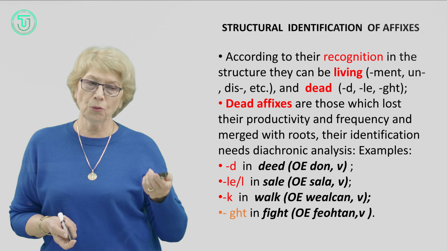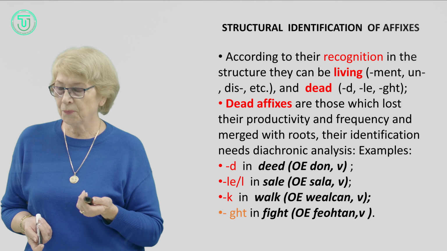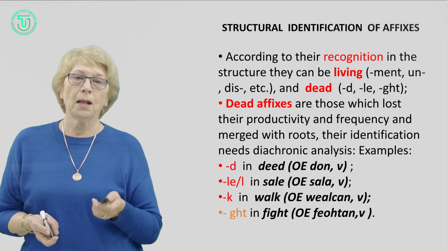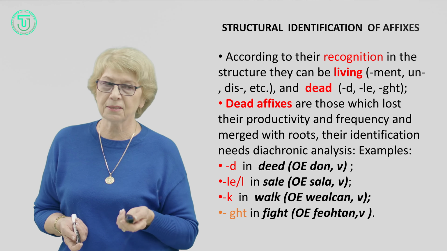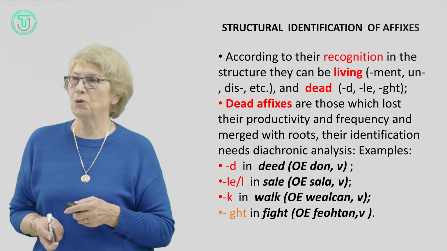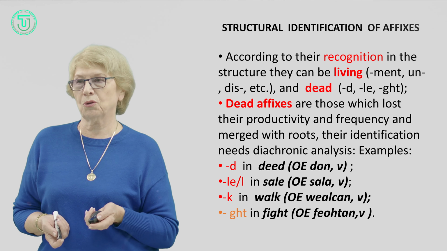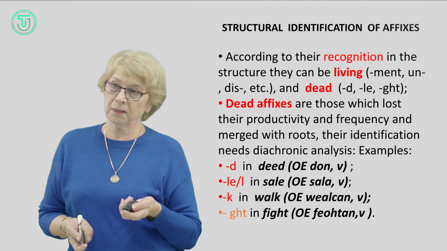So from the modern point of view, these words look like root words. So we cannot distinguish the suffixes in them. But when we do etymological analysis or diachronic analysis, we can find out that these words include certain suffixes which are already outdated, obsolete, archaic, or simply dead.